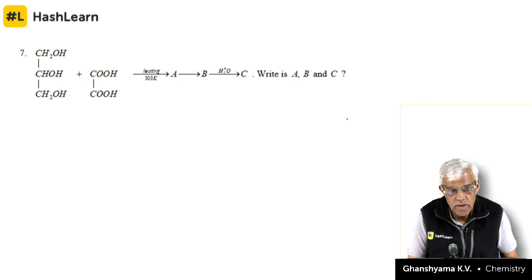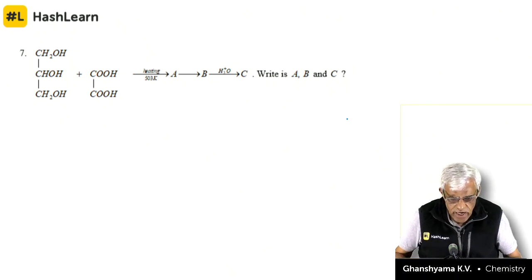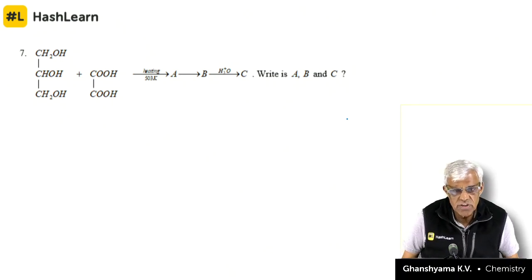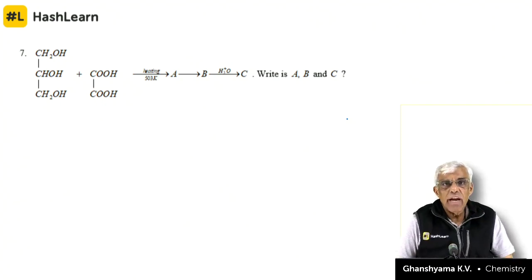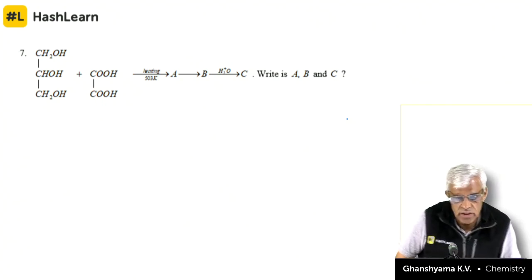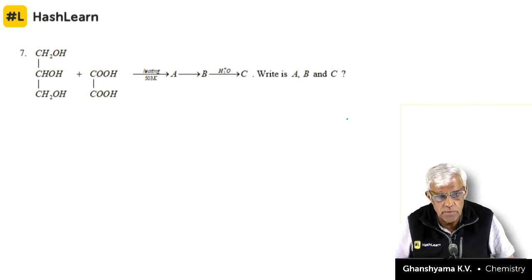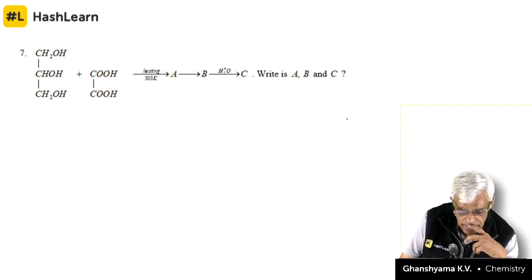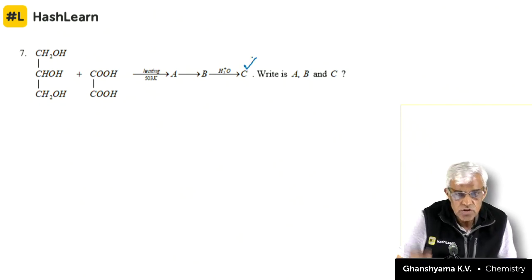I will give you some time. Can you answer this question number 7? Anybody wants to answer question number 7? ABC is over. The next question. Can you tell me, at least can you tell me what is C?